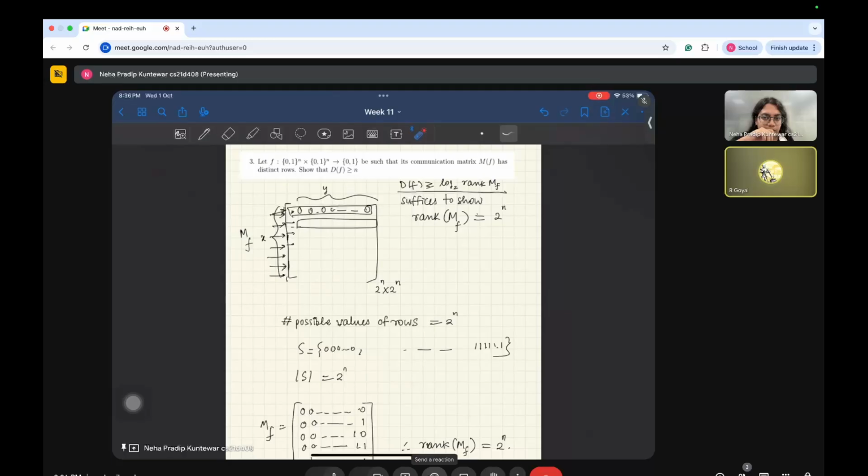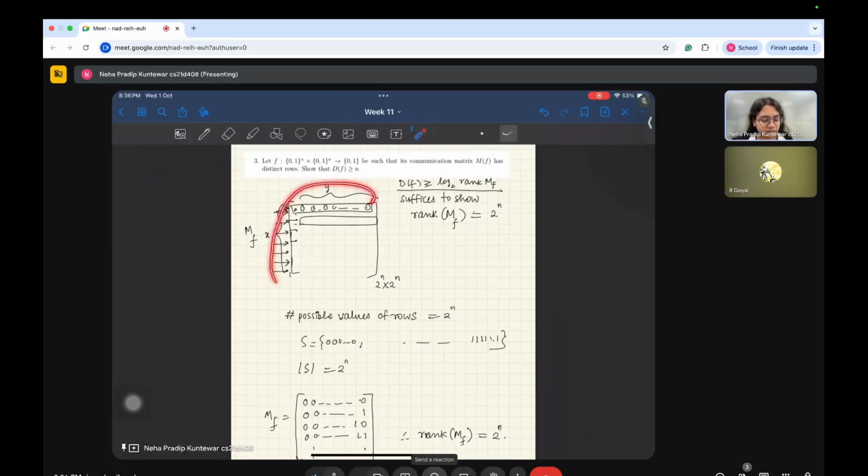The communication matrix is just a Boolean matrix only, but then why do we call this a communication matrix? Because the matrix contains some information about how complex the function is. But where do we capture the complexity of a function in this matrix?